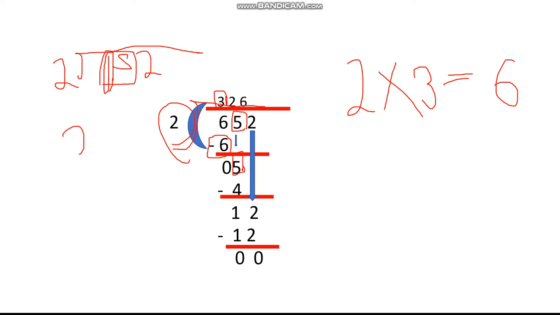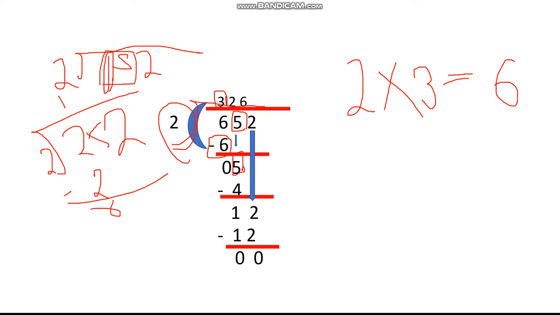For example, if it was 252, we would have taken the single digit, that is 2 ones are 2. Subtracting to get the remainder, we got 0. So, and 5, where were we? 2 times 2 is 4, and 2 times 3 is 6.